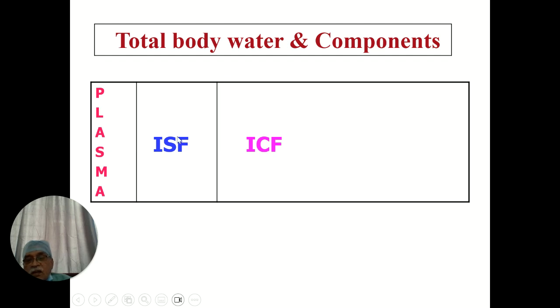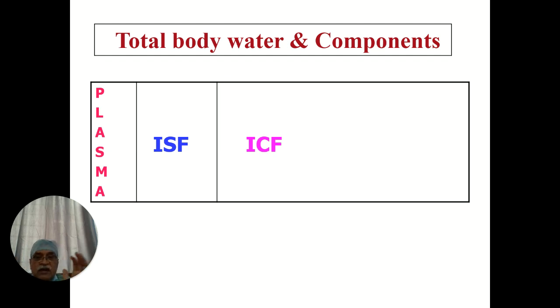The composition of each one is different. In plasma and interstitial fluid, the main component is sodium, whereas intracellularly potassium is the main component. And volume-wise, a 60 kg patient will have 42 liters of water. Out of that, 28 liters is intracellular, and the remaining 14 liters is extracellular.